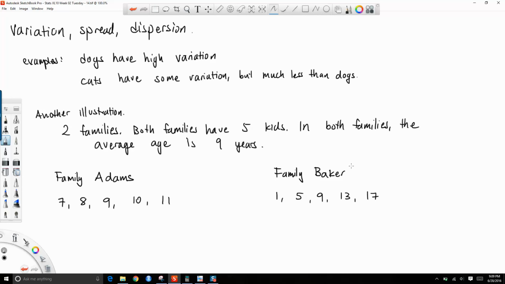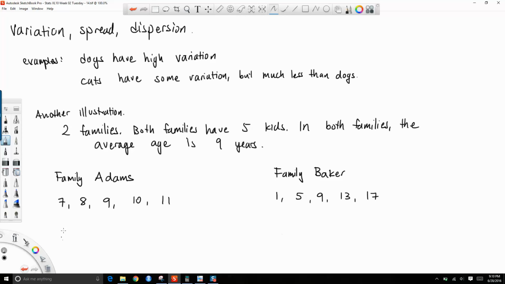And over in the Baker family, the kids are very spread out in age, okay? And so you probably have a child still in diapers while the oldest one is driving and probably taking care of the younger ones and things like that. So you've got the picture of these families are very different, okay?